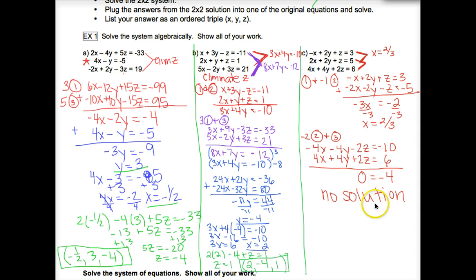But what might happen is you get x equals something else. In a 3 by 3, if most of the variables drop out but you get conflicting information, then that's also no solution. Normally, if that happens, I pick the third pair just to double check. I happen to pick the right one here, so I know that my answer is no solution.